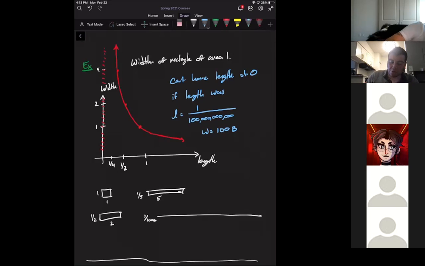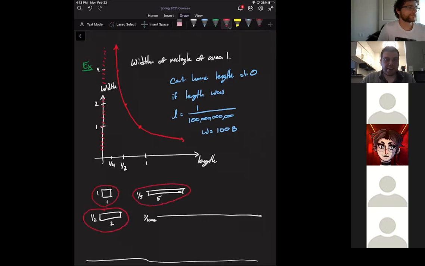And so that's kind of what I was drawing down here, where it could look like this, 1/2 and 2, 1/5 and 5, it's a little out of hand. And then what's really out of hand is something that looks like 1/1000th by 1,000.